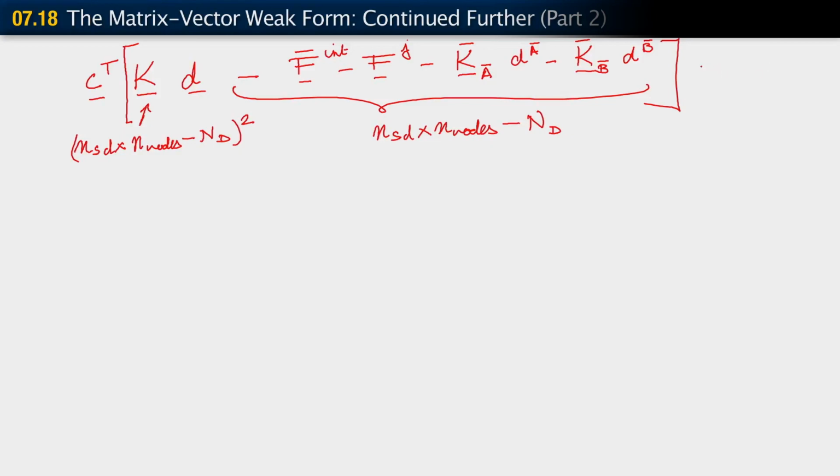So all of this has to be equal to 0, and this has to hold for all C belonging to R with that dimension, number of spatial dimensions times number of nodes minus ND.